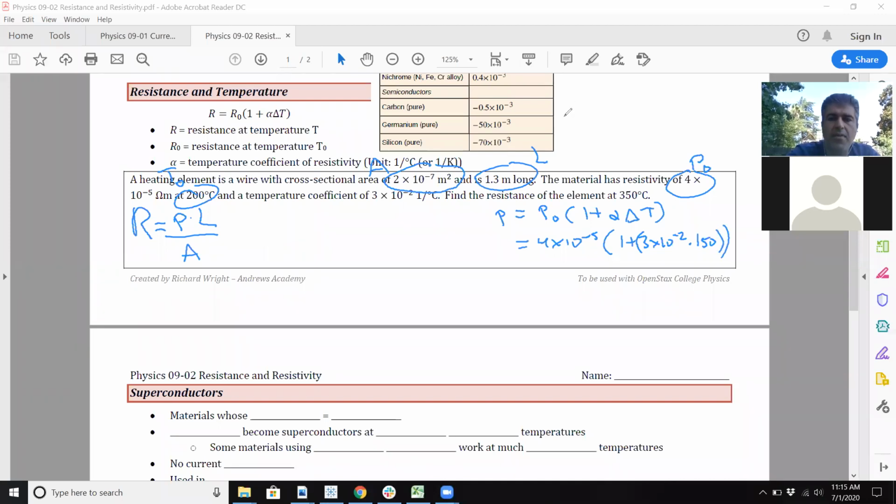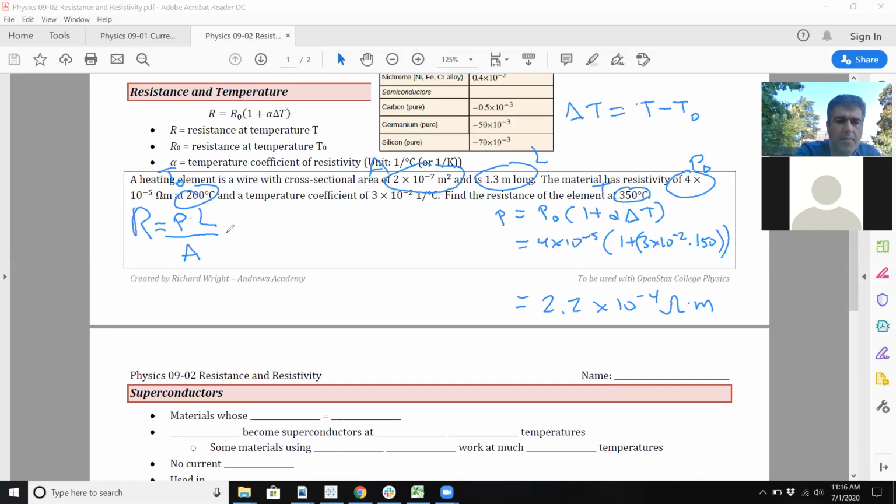So remember, delta T is the change in temperature, that's T minus T0. So we calculate the new resistivity, which looks like it's going to be, let me do this correctly here, 2.2 times 10 to the negative 4 ohm meters.